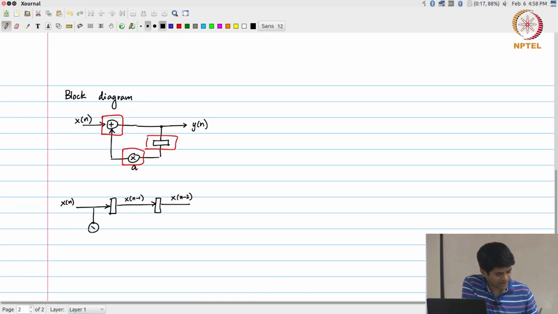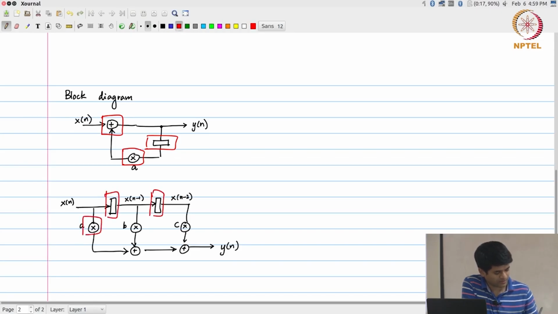Multiply each of them by the corresponding coefficients, this one by a, this one by b, and this one by c, and add, to get y of n at the output, right. Once again I have a whole bunch of hardware blocks, right, and the connections between them.